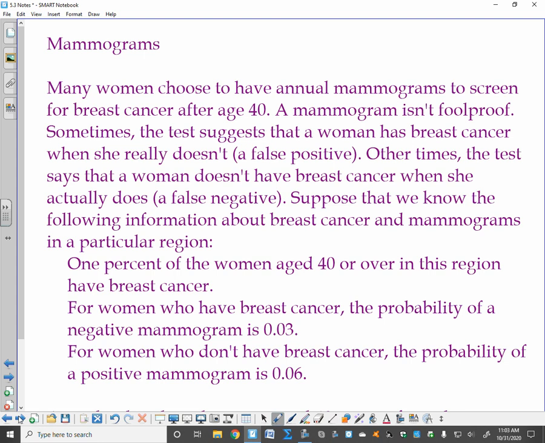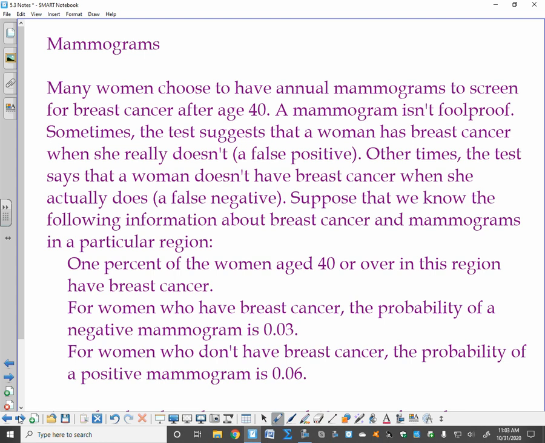Okay, so here's what I see. I see all the women over 40, and then I see them going into two different groups. Before the mammogram, we know the probability that the women over 40 have or do not have breast cancer. So the first branch is going to be has breast cancer, doesn't have breast cancer. Now, if you do have breast cancer and you get a mammogram, you could get a positive test result or a negative test result.